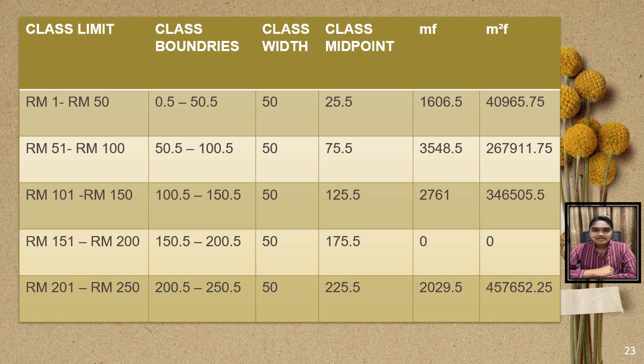Midpoint can also be called M. This table is for MF, the product of midpoint and F, where F is frequency. And this table is M square F: we square the M and multiply by frequency.